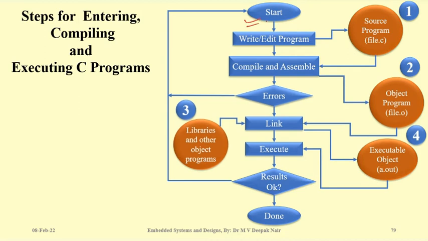Whenever we write a program, we write it generally in a C file. Then we compile it, and it generates an object file. If there is any error during compilation or assembling, we have to go back to the start, modify the program, and compile again. This loop keeps repeating until the program is error free.